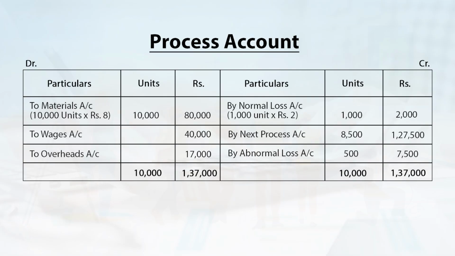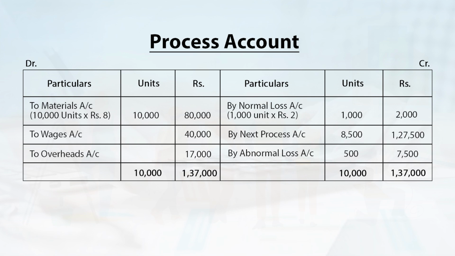We will prepare process account with 6 columns, 3 on debit side and 3 on credit side. First we will record entry for debit side to materials account 10,000 units which are introduced at rupees 8 per unit giving value rupees 80,000, and in units column we will write 10,000 units.